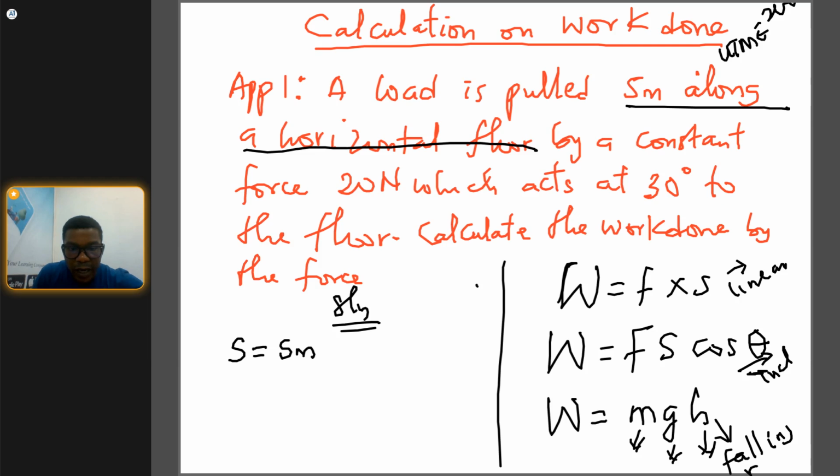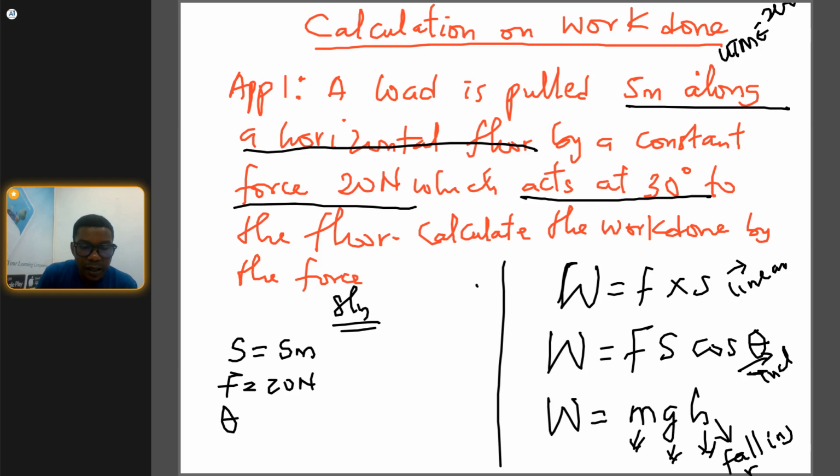It was acted upon by a force of 20 Newton, so F equals 20 Newton. The load pulled on that horizontal ground forms an angle of 30 degrees, so theta equals 30 degrees.